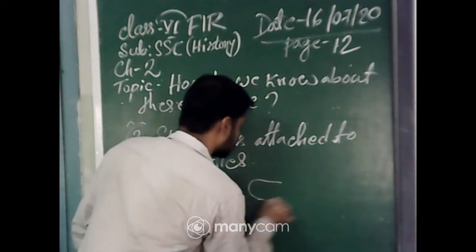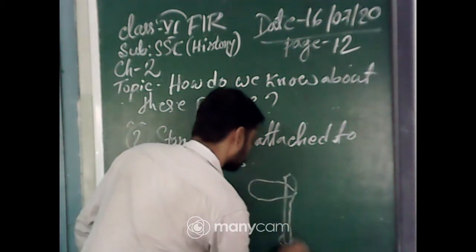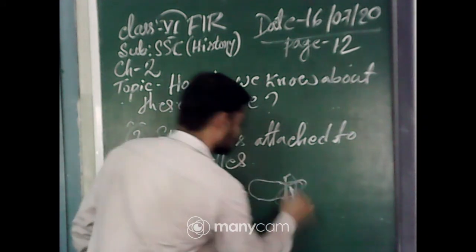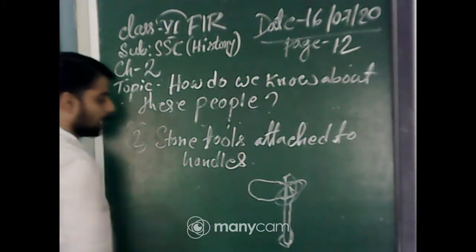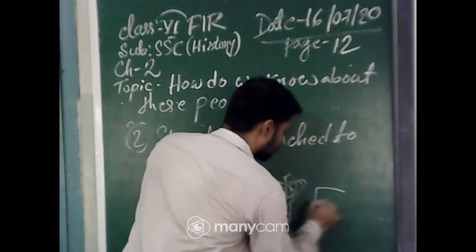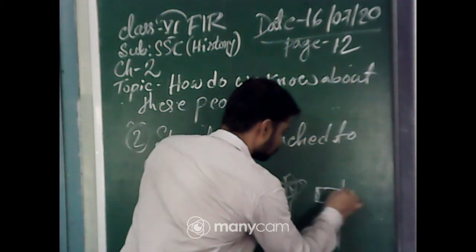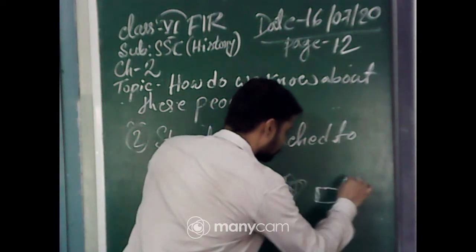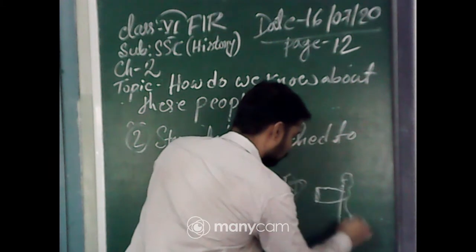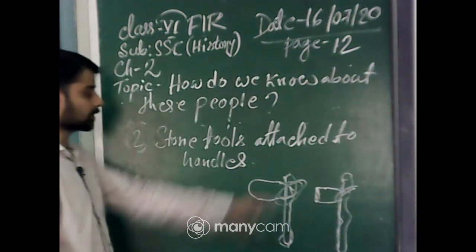If they add a bone like that, so this is a hammer, or if a sharp stone, then they add a piece of wood. Okay. So, this is an axe.